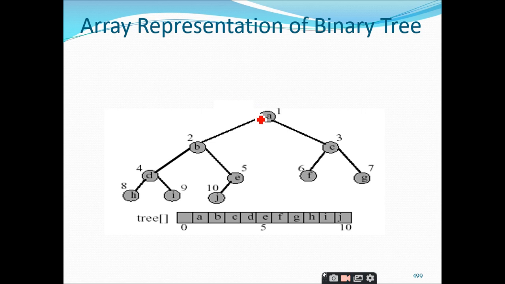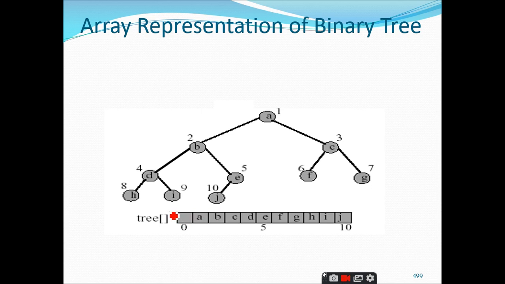And since I want to represent the binary tree using the array representation, I should give the node numbering for each and every node in the binary tree. So this root node A is having the node number 1, and then B, C, like this I have given the node numbers.